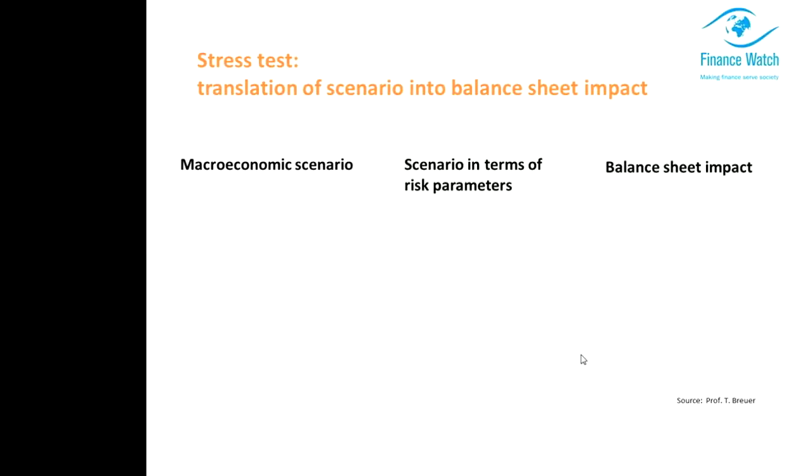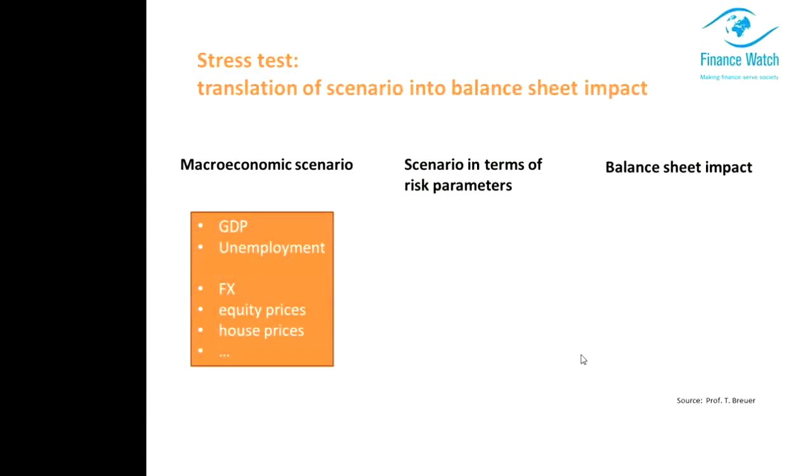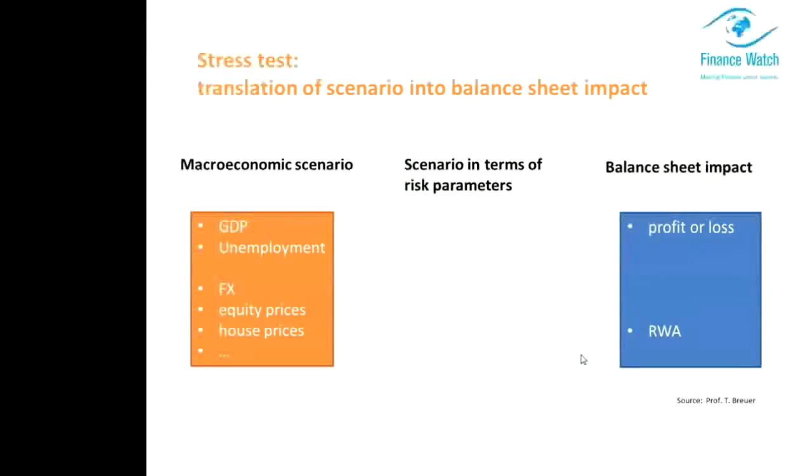Why? The macroeconomic scenarios have their narrative and concrete economic factors like a drop in GDP or an increase in the unemployment rate, which you see in this block. But they have to be translated into balance sheet impact via portfolio valuation translating into profit and loss and changes in risk-weighted assets.